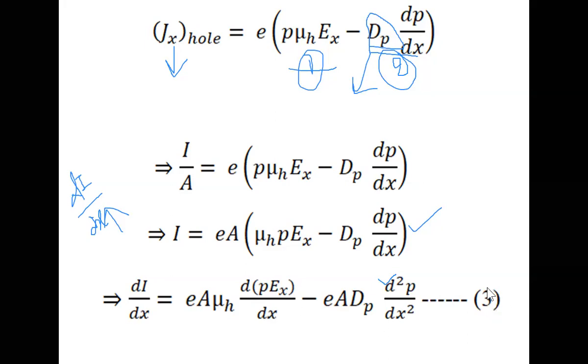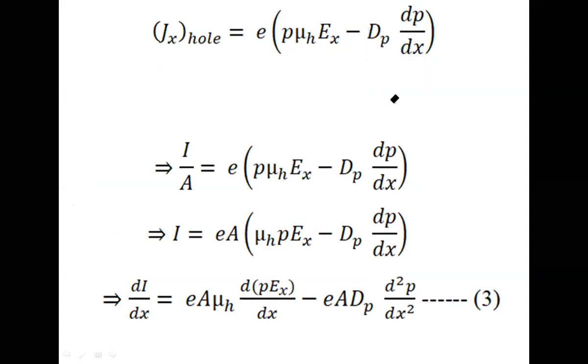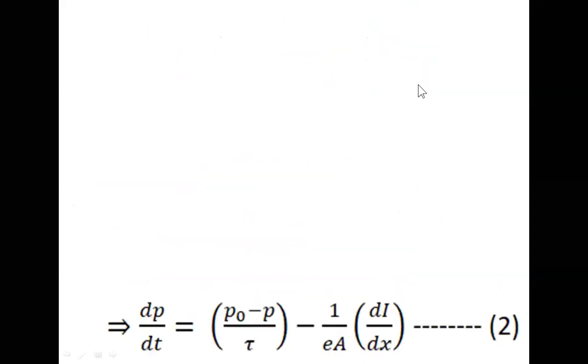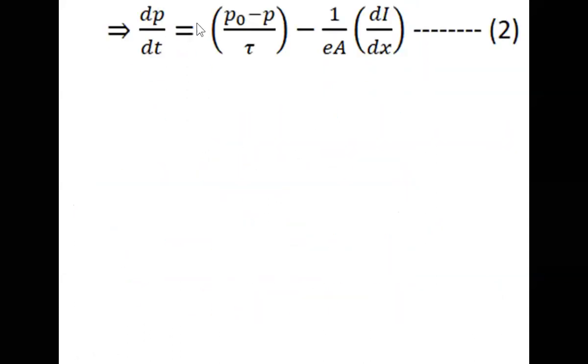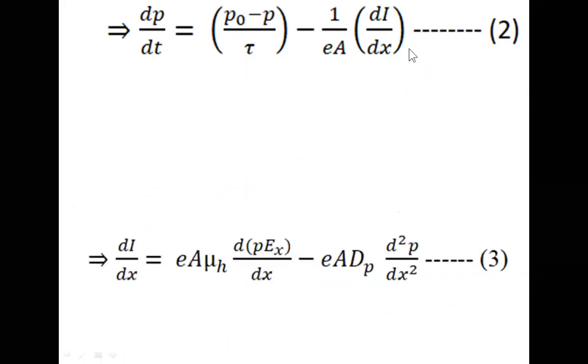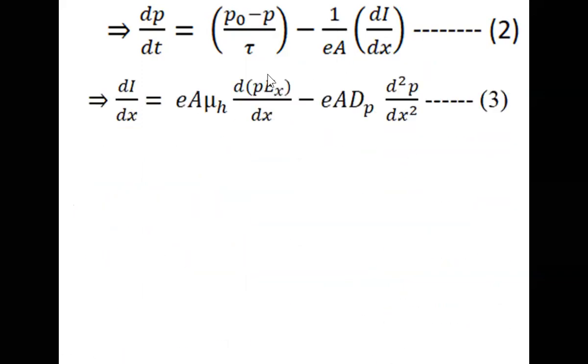Now we need to substitute this equation number 3 in equation number 2. So let us consider again equation number 2 for our understanding. This is equation number 2: dP by dt is equal to minus P0 by tau minus 1 by EA into di by dx. Now from equation number 3 we got the expression for di by dx.